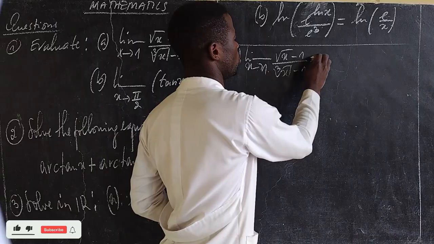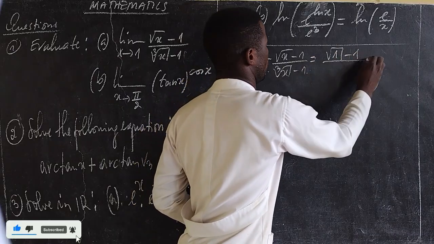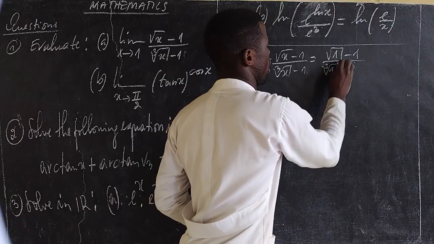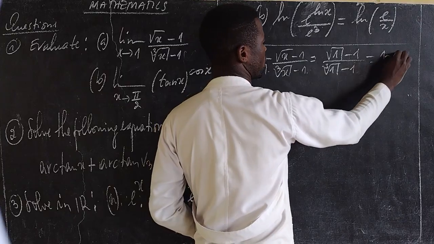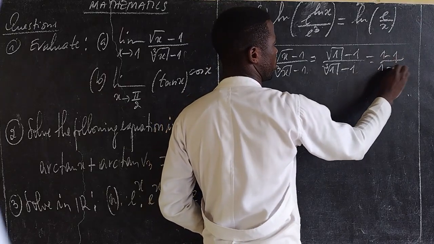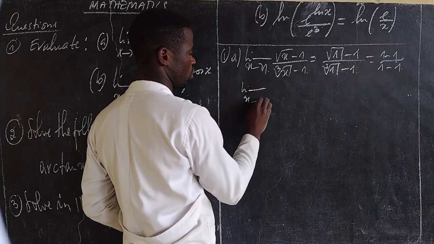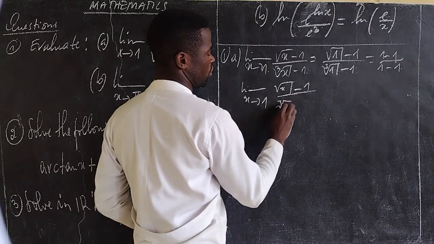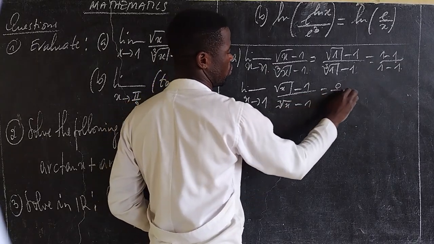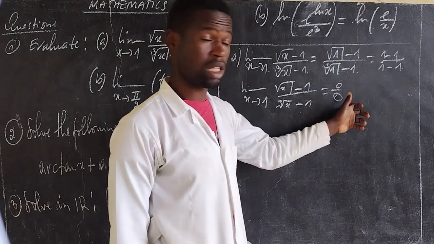This will be equal to 1 minus 1 over root of 1 minus 1, which is 1 minus 1 over 1 minus 1. Then the limit is equal to 0 over 0, which is impossible.